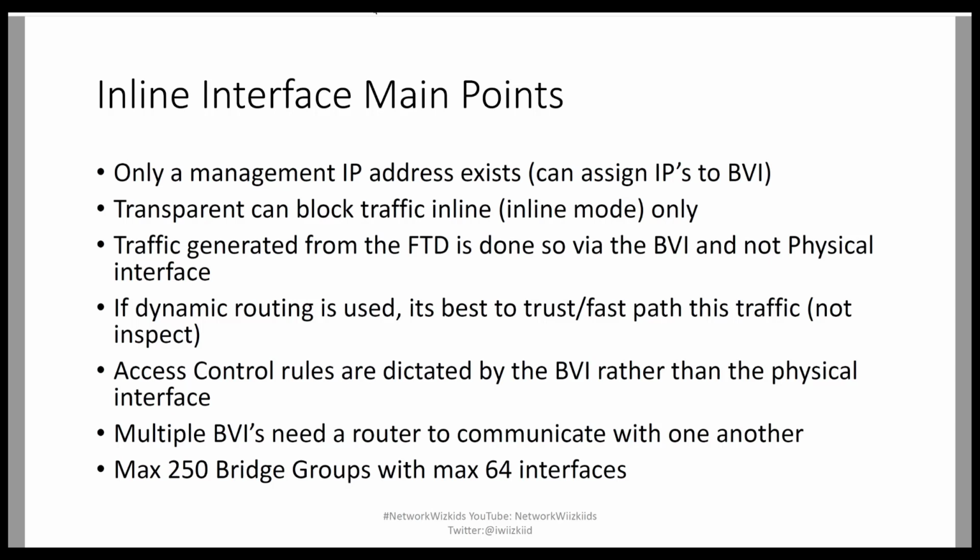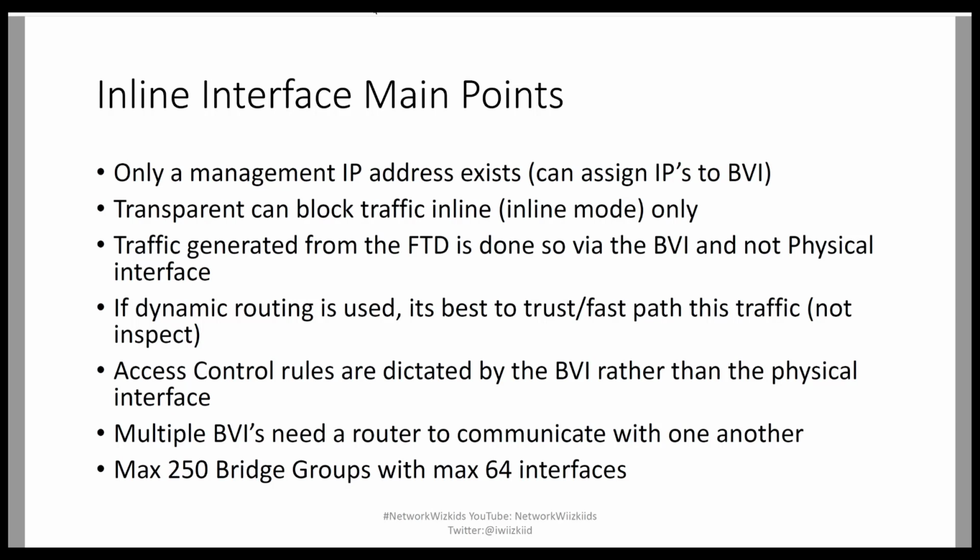Multiple BVIs need a router to communicate with one another. By this I mean that if you have more than one BVI and you want to communicate between the two, you do need to go to a router or routing device to communicate between the BVIs.